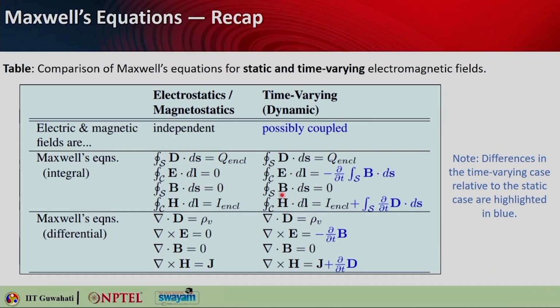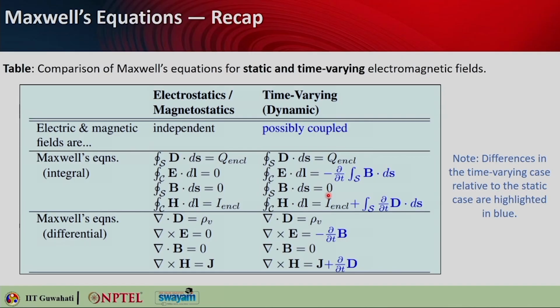The second equation is this one, which is the Gauss law of magnetism. So the magnetic field flux through any closed surface is basically zero, and this is equivalent to the statement that magnetic fields are continuous and they have no beginning or end.